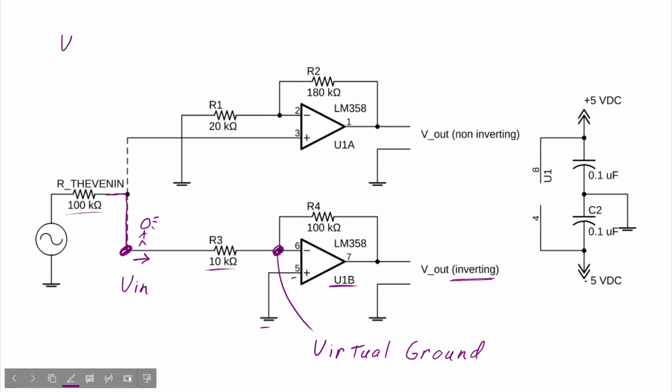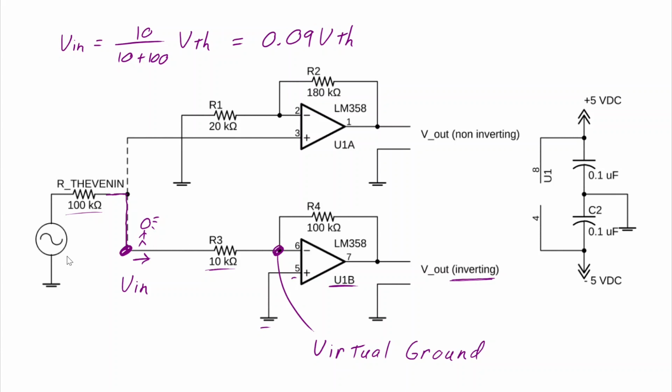Using a voltage divider, V in is equal to 10k over 10 plus 100 multiplied by V Thevenin, which means our input to the op amp will be 0.09 V Thevenin. If we were to let V Thevenin equal 2 volts, it follows that V in would be 0.18 volts.